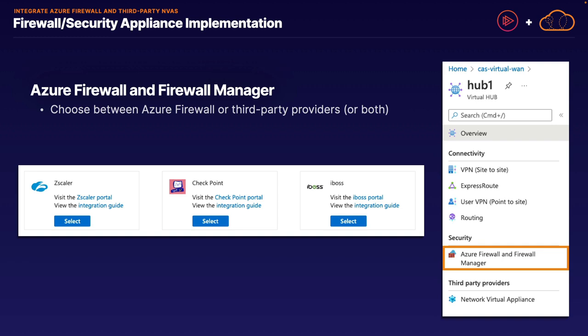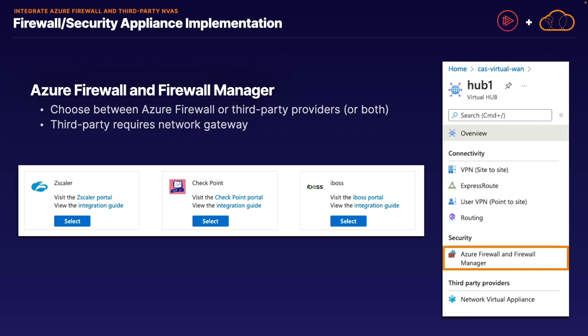Of course, this list may change over time. However, the main takeaway that you need to know for now for the scope of this course is that when working with a third-party security provider product that we're going to deploy into our virtual hub, that does require deploying a network gateway to that virtual hub, which will be automatically created in the same process of deploying the actual product as well. With that, that'll wrap up this high-level conceptual overview of the ins and outs of deploying third-party virtual appliances to a virtual WAN virtual hub.